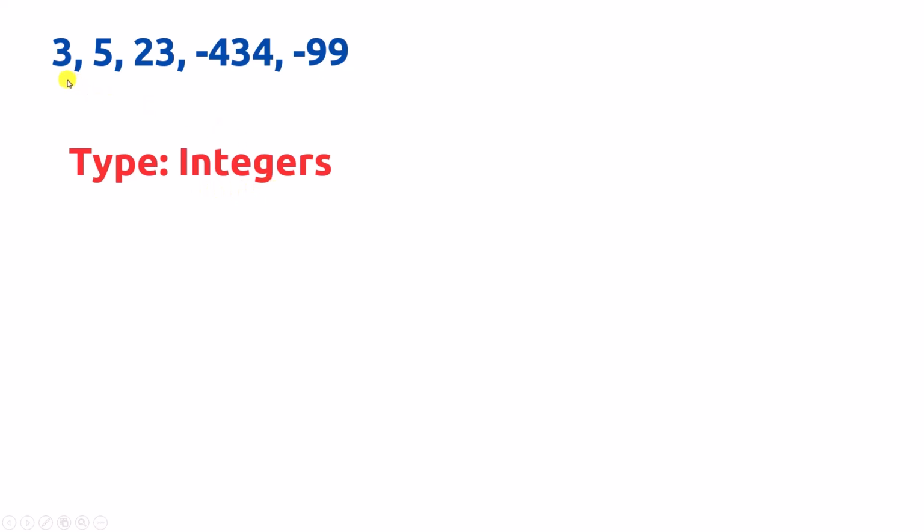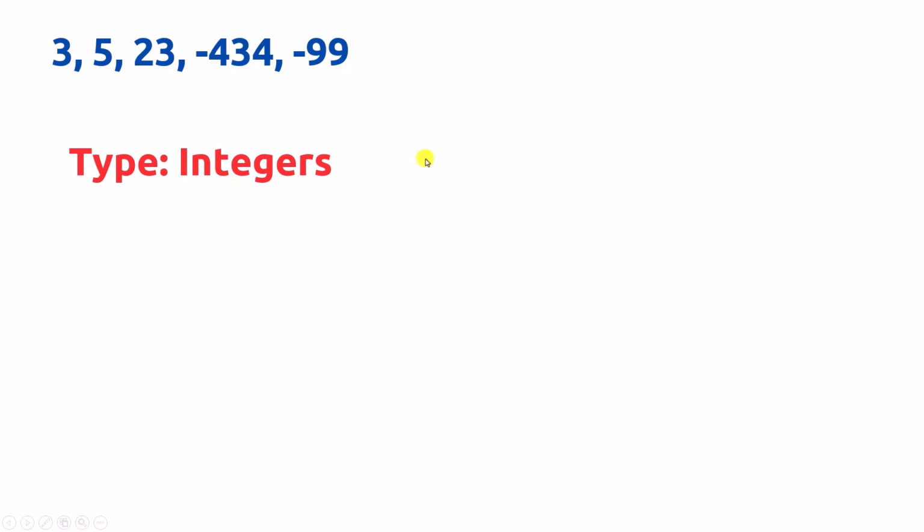Integers contain whole numbers: 1, 2, 3, 4, 5, 23, minus 434, minus 231, minus 98, minus 99, and so on. All the positive and negative numbers fall under the heading called integers. So the data type here is integers.